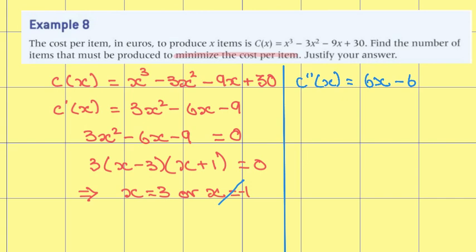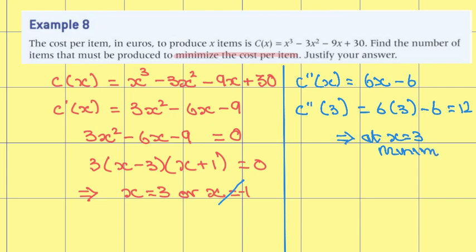So we find C double dash of 3, which equals 6 times 3 minus 6, which is 12, which is positive. Therefore, at x equals 3, we have a minimum. This means that if we produce 3 items, we will minimize our costs.